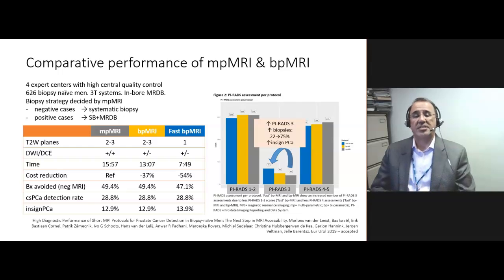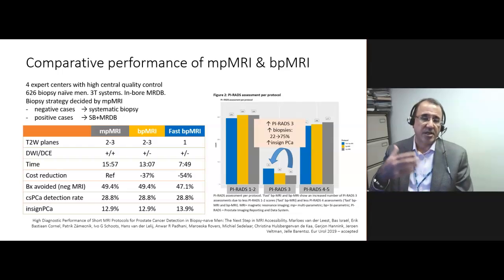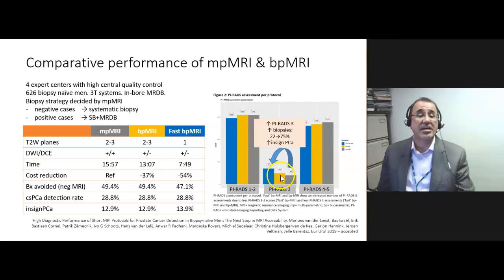So look at this data from the Netherlands. This is 4 highly expert centers with central image quality control. You can see that the PIRADS 3 proportion increases using the biparametric approach.